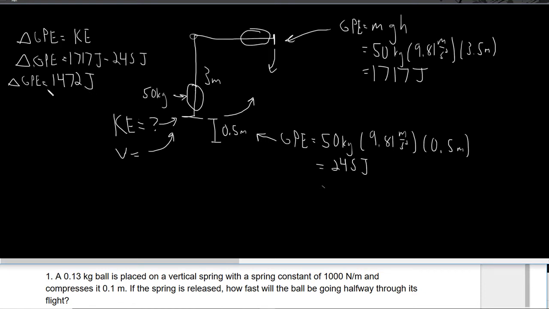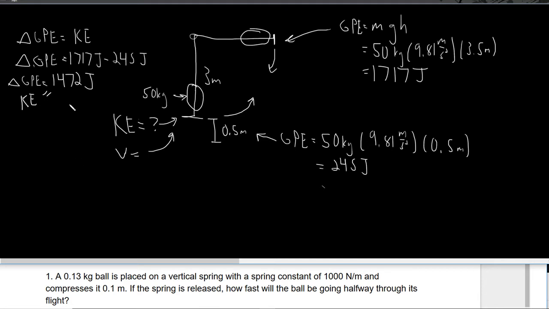All right. So that's how much KE we're going to have as well, right? Because we know as I'm swinging, my gravitational potential energy becomes kinetic energy, just not all of it. In this case, it's just most of it.